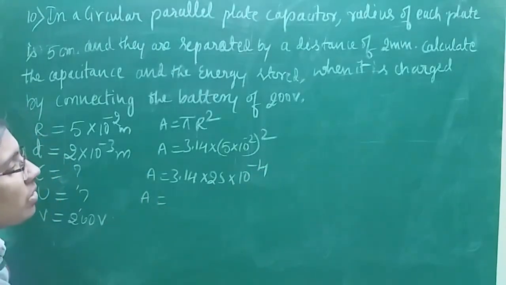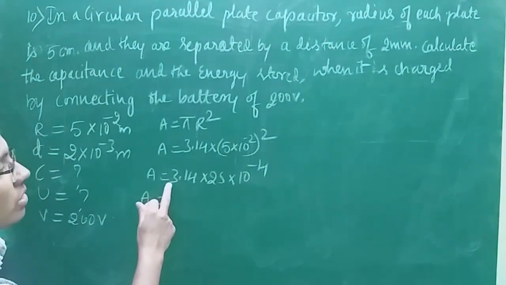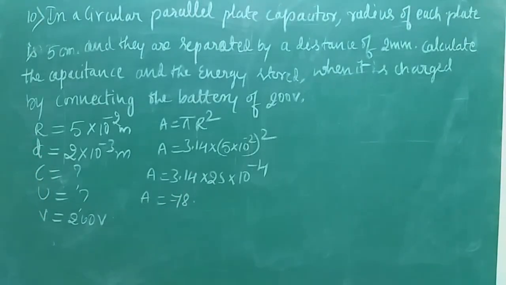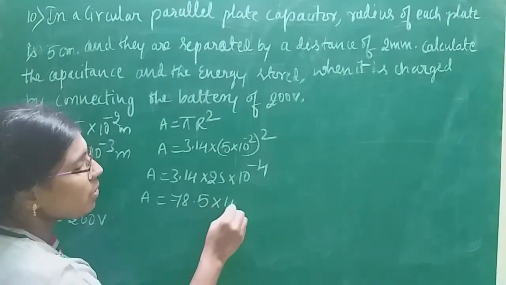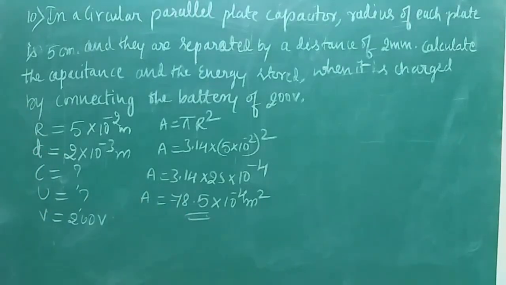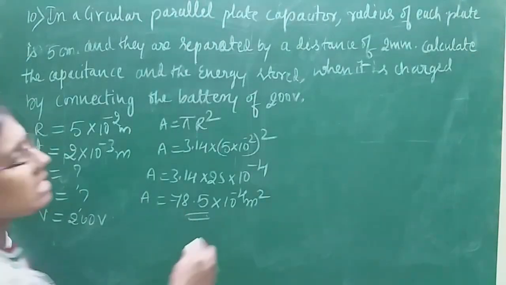So A is 25 into 3.14, which gives 78.5 into 10 to the power of minus 4 meter square. This is the area.